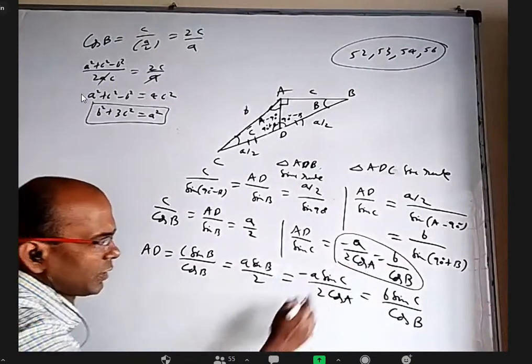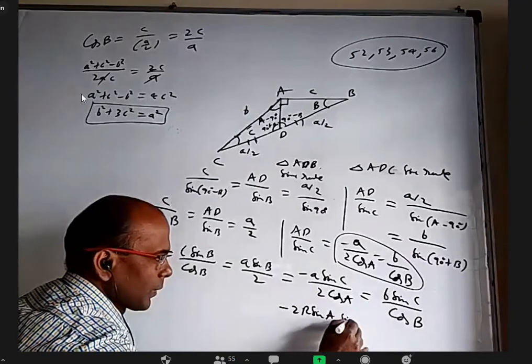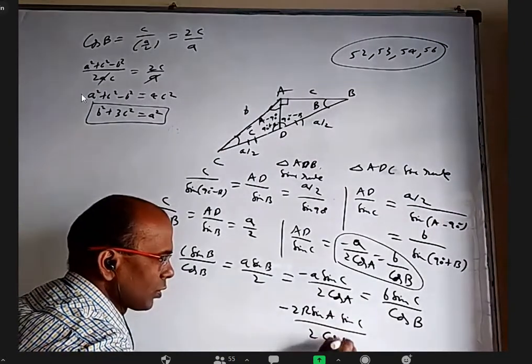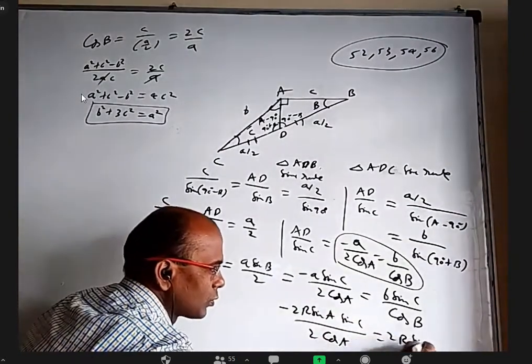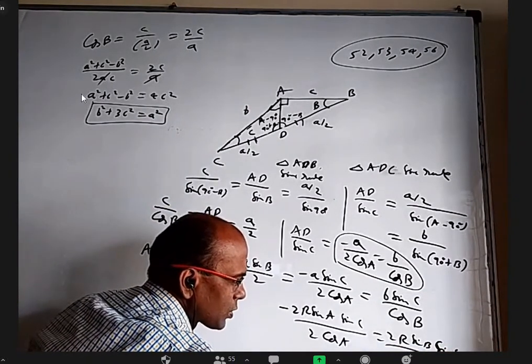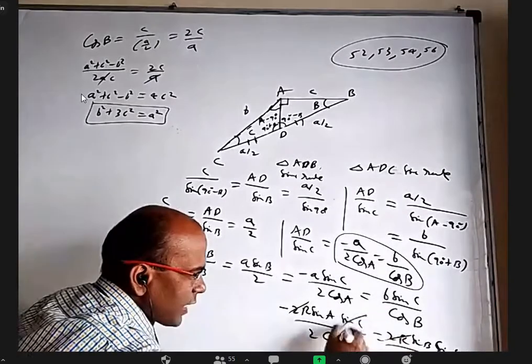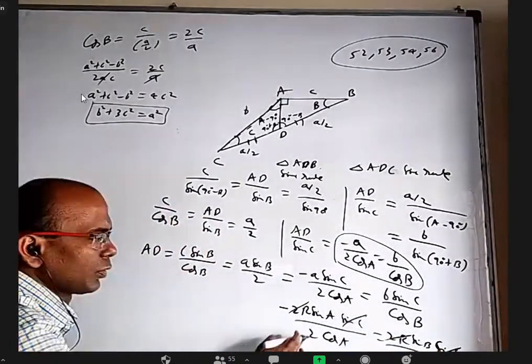I'll continue here then. Minus 2r sin A sin C by 2 cos A equal to 2r sin B sin C by cos B. 2r and 2r will cancel, sin C and sin C will cancel, and 2 will go to that side.